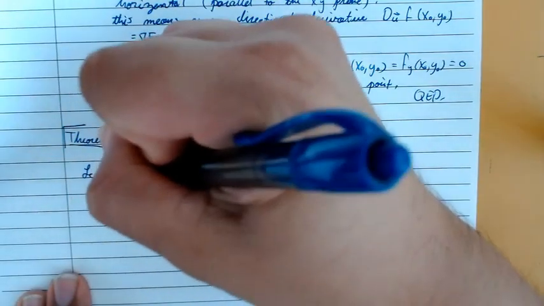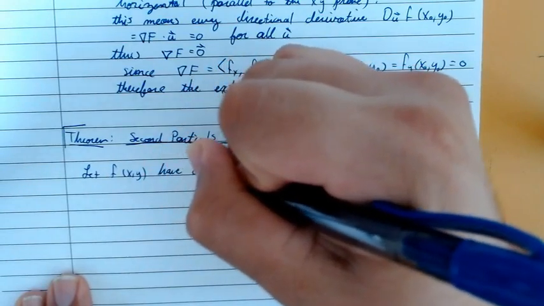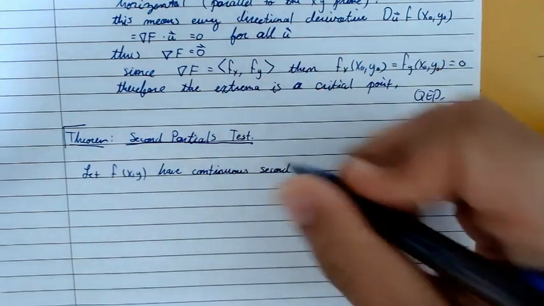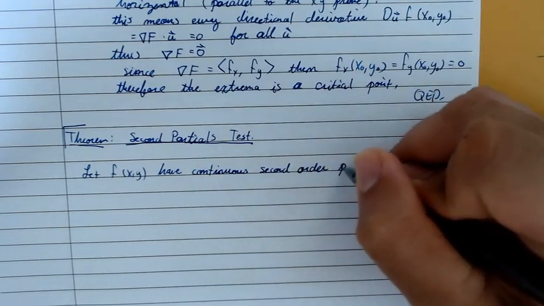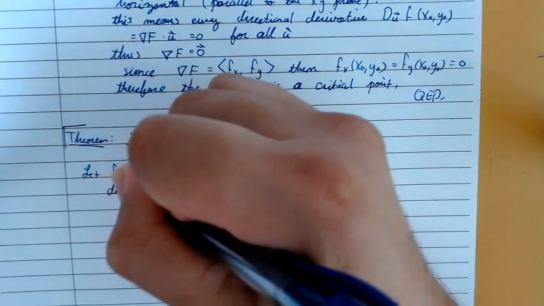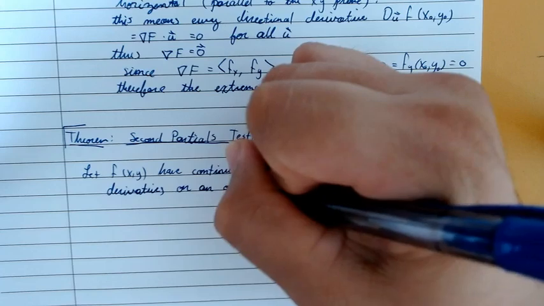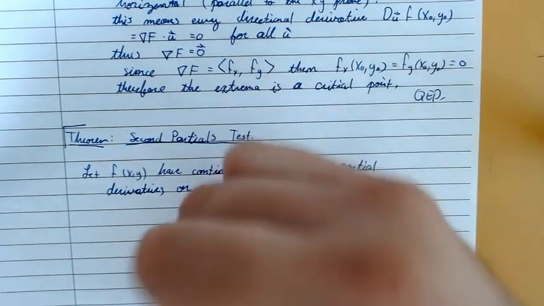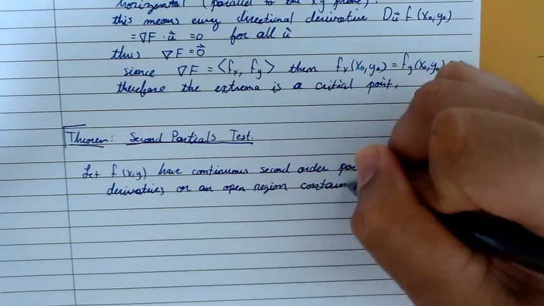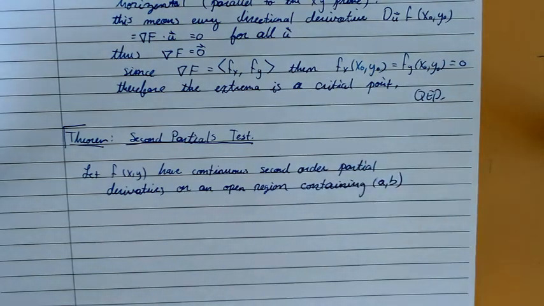Let f of x comma y have continuous second order partial derivatives on an open region which contains some point, which we'll call AB.